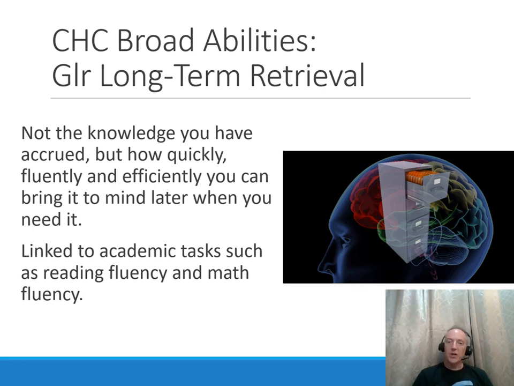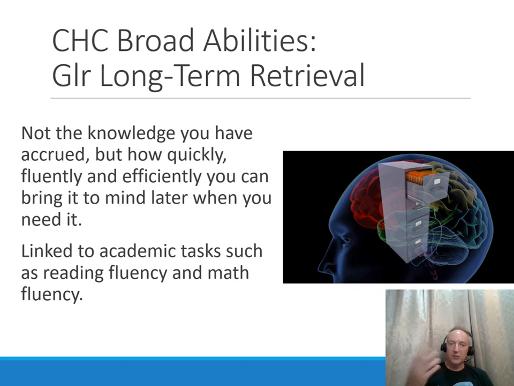Long-term retrieval becomes more important as you get into the higher grades, and fluency tasks become more prominent. So academic fluency means doing things with automaticity and speed. So when you are a fluent reader, you're not sounding out every single word you come to.